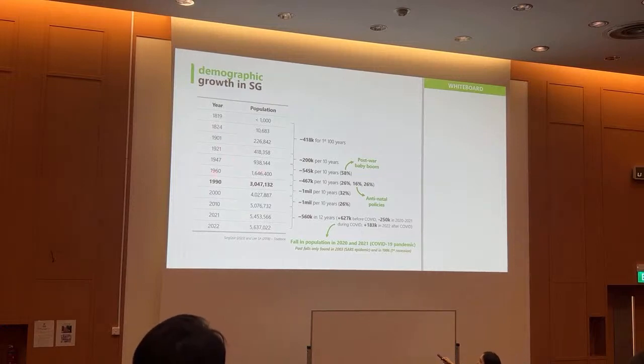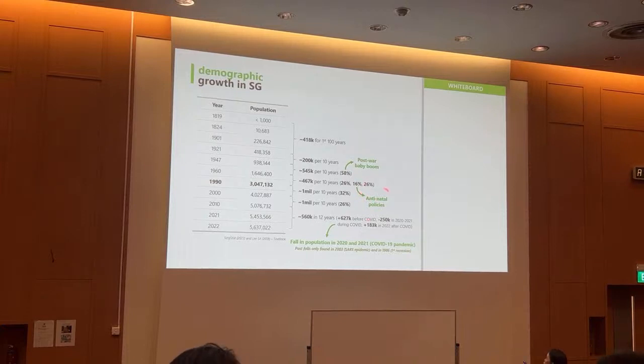Between 1960 and 1990, the population growth was around 467K people added per 10 years. But if you break down these 30 years into smaller periods, there was actually one specific period with quite low population growth.